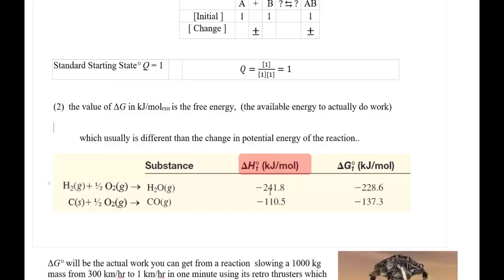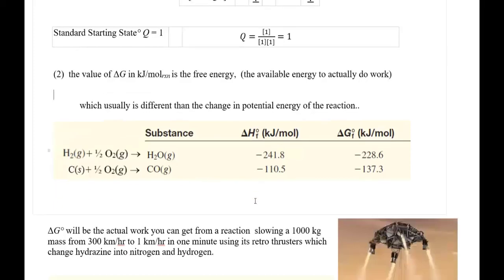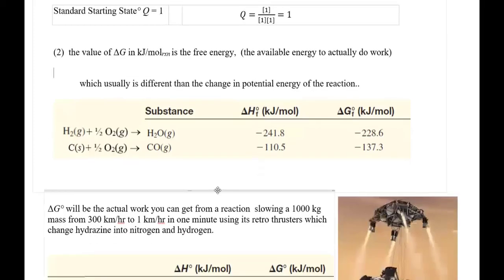For burning hydrogen and oxygen, there's 242 kilojoules for every mole of steam that's made. For burning carbon to make carbon monoxide, you get released as kinetic energy because we have a drop of 110. But when we try and get this energy from a reaction, we find that we can't get the 242 to do things.